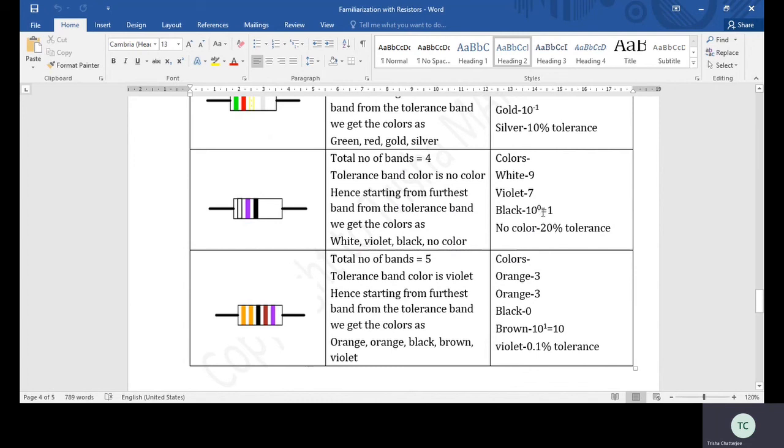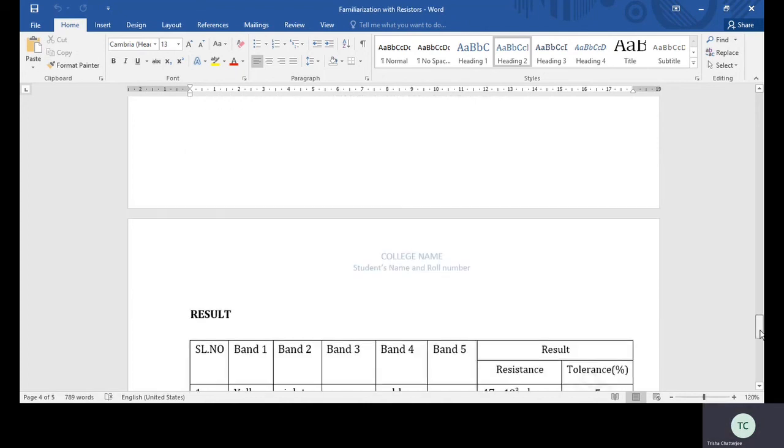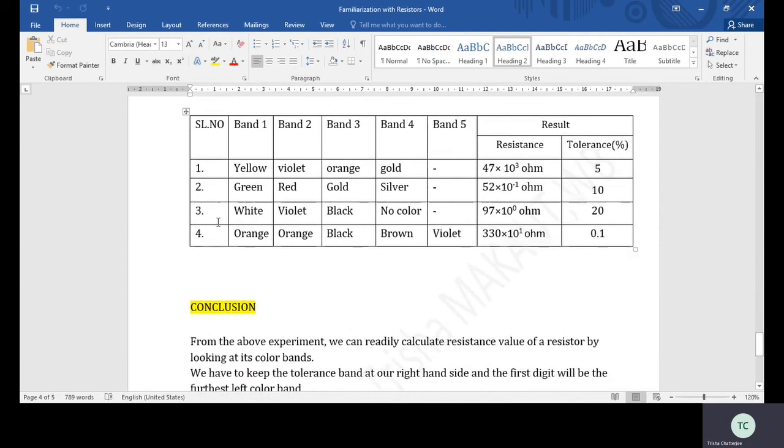And black has a value of 10 to the power 0, so it is a 1. So the value will be 97 only, 97 ohm. And no color, as I said, has a tolerance value of 20%. So the same thing I have written here: white, violet, black, and no color. 97 into 10 to the power 0 ohm and 20% tolerance.